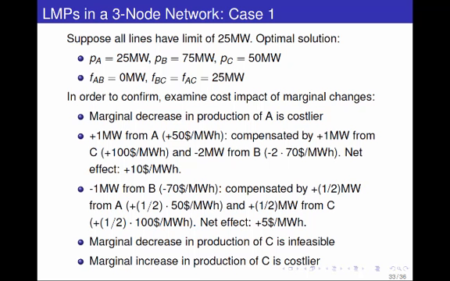Remember the three cases that I mentioned earlier about the price of producing from C, because you can't produce from B and send to C because the lines are at their maximum capacity. So your claim, Benoit, is that the rho at area C is, yeah, that's a perfectly correct argument.